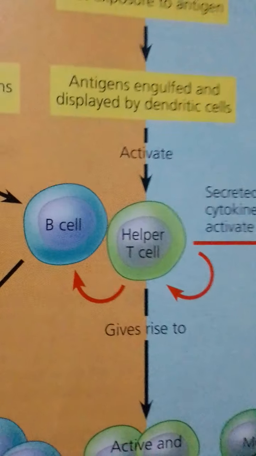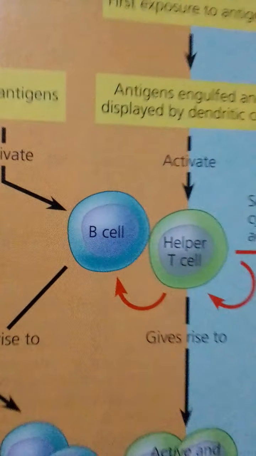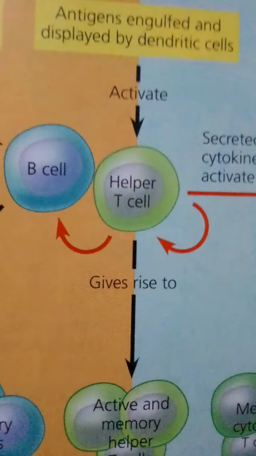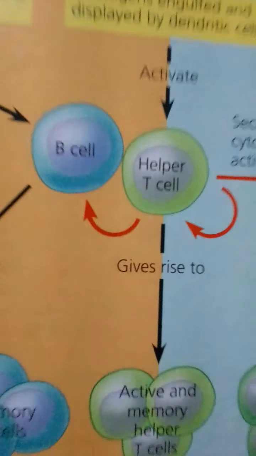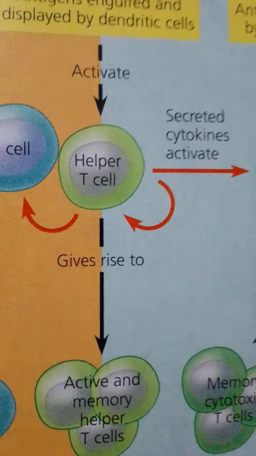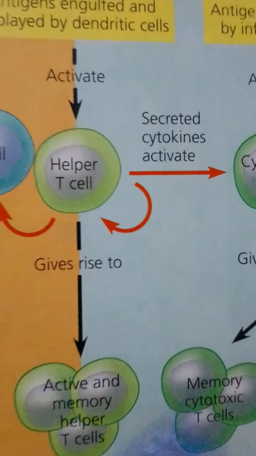For instance, as a dendritic cell presents an antigen to a helper T cell, the dendritic cell is stimulated to secrete cytokines that, along with an antigen, stimulate the helper T cell to produce its own set of cytokines. The class II MHC molecules recognized by helper T cells are found mainly on dendritic cells, macrophages, and B cells.